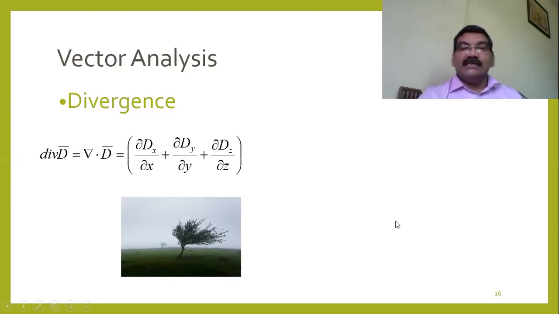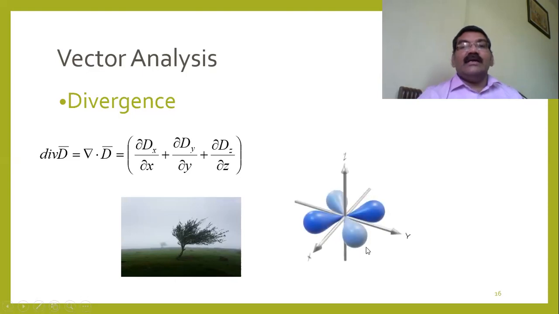How can we say this? Again, we can take the Cartesian coordinate system. Now this wind velocity, you can consider at the origin. What will be the rate of change of wind along the x-axis, along the y-axis, along the z-axis?